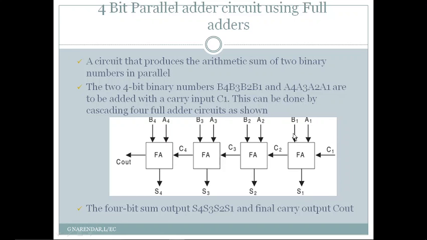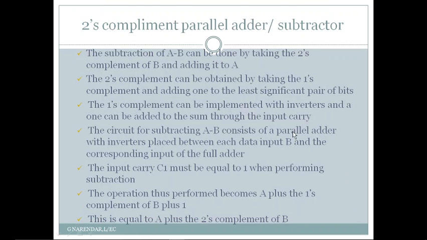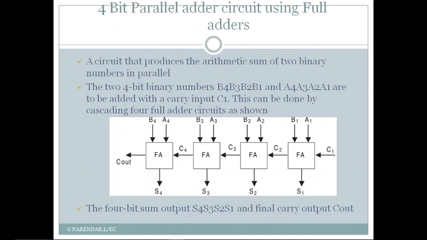Here we have not shown the NOT gates, but for subtraction we assume that there will be a NOT gate before B1 is applied to the full adder. So the output of the NOT gate will be B1 complement, and that B1 complement will be given as the second input for this full adder. One of the inputs is A1 directly.